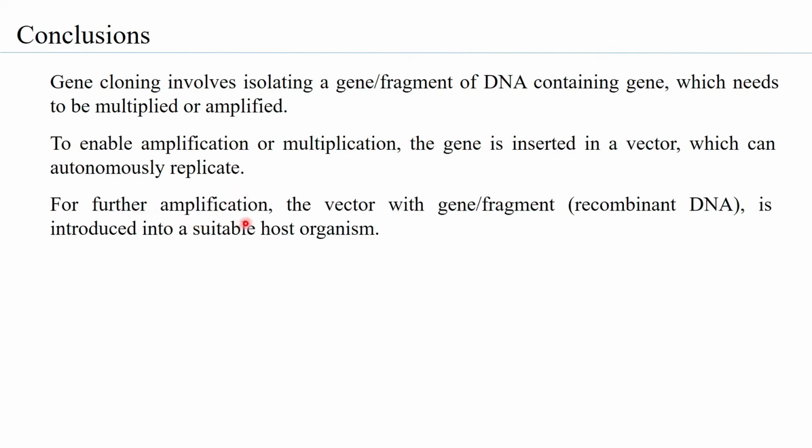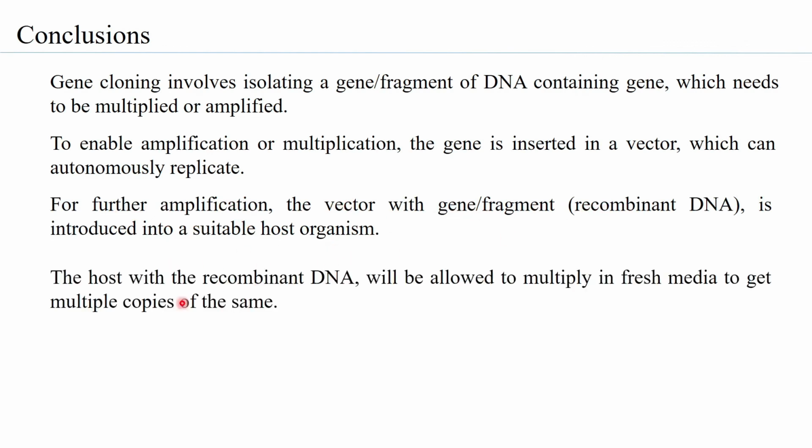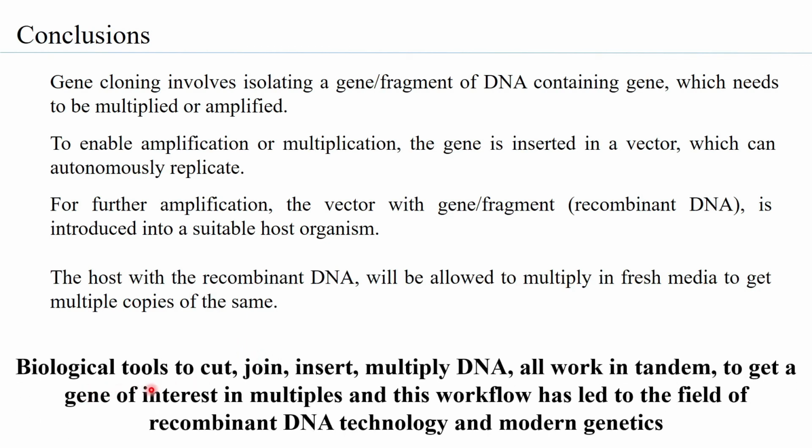For further amplification, the vector with the gene or the fragment is introduced into a suitable host organism, and this host with the recombinant DNA will be allowed to multiply in fresh media to get multiple copies of the same. Therefore, biological tools to cut, join, insert, and multiply DNA all work in tandem to get a gene of interest in multiples, and this workflow has led to the field of recombinant DNA technology and modern genetics.